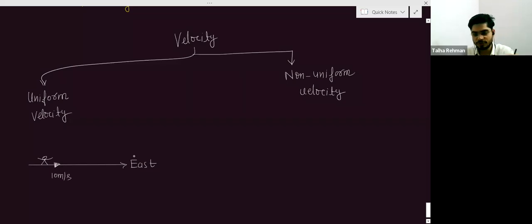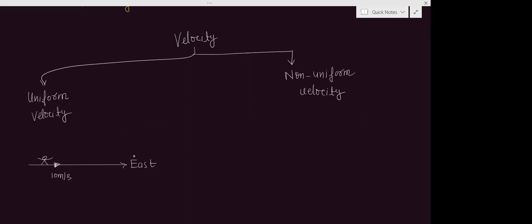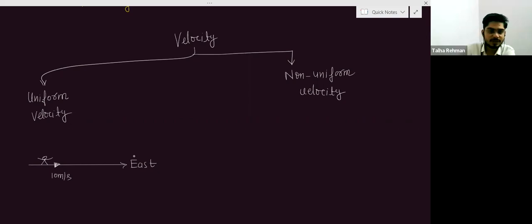So uniform means something which is not changing. What is the meaning of uniform? Something that doesn't change. Or we can say this as a constant velocity.